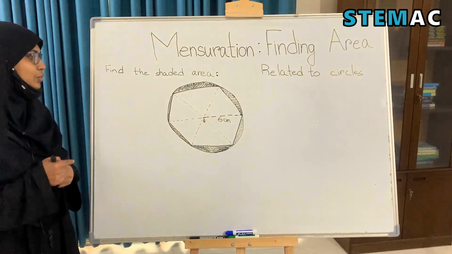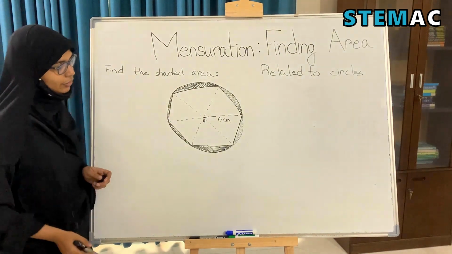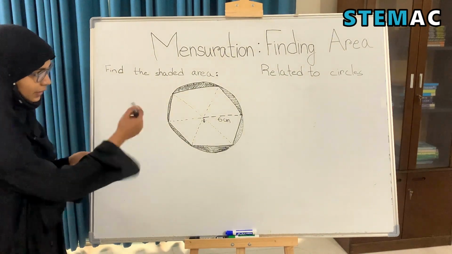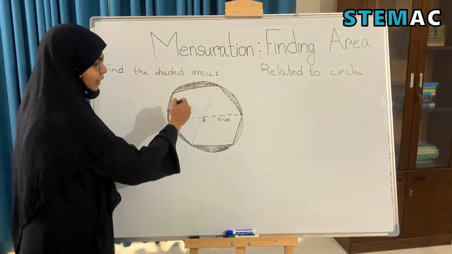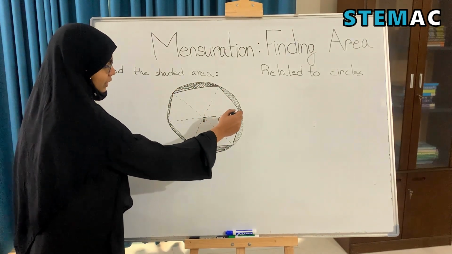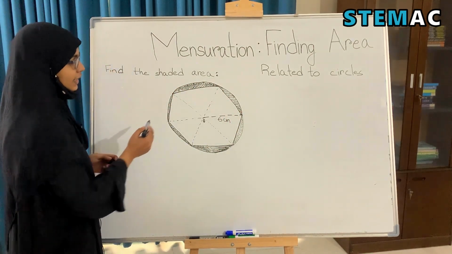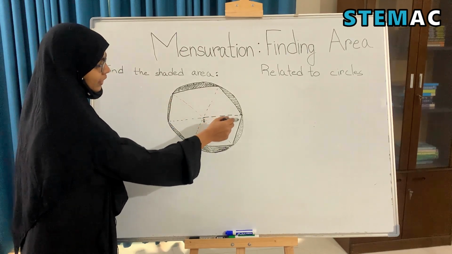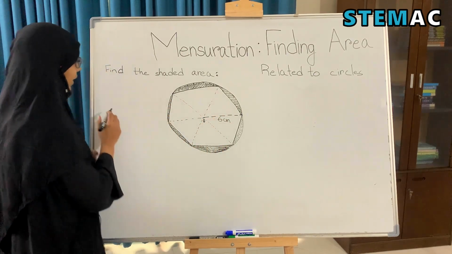We are going to find the shaded area for this shape. This is a circle of radius 6 centimeter, and inside the circle there is a regular hexagon.